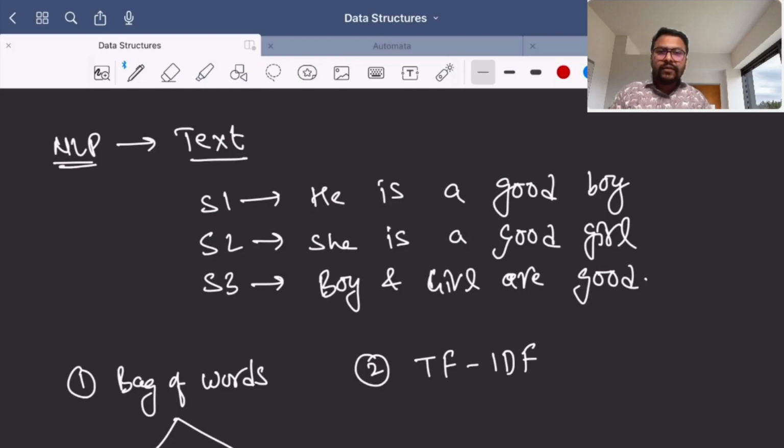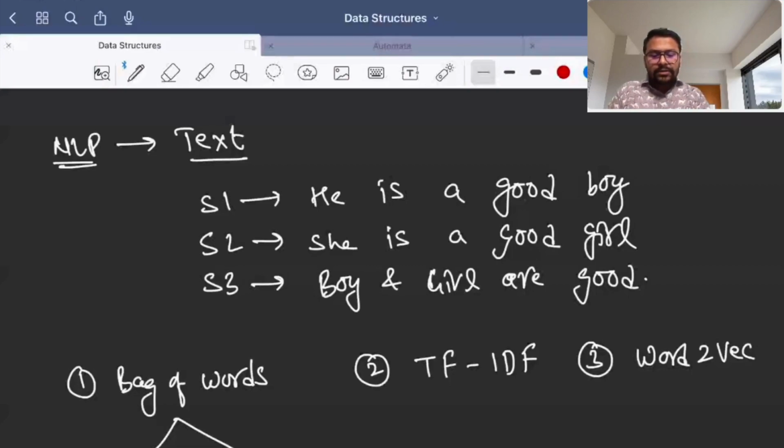For each of them we have some formulas and then we make the matrix, which we will understand by taking an example. The third type of algorithm is word to vec. This word to vec algorithm is itself a type of model which trains on some data and gives us some result. Each of these algorithms has some limitations, some disadvantages and some advantages.